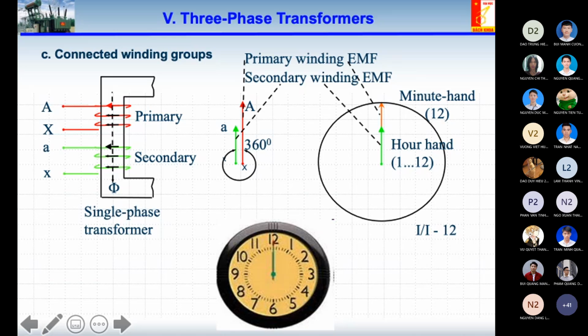If we consider the electromagnetic force of the primary winding AX as the minute hand of the clock, the watch, and the electromagnetic force of the secondary winding as the hour hand of the watch, you can see here is corresponding to the minute hand, and here is corresponding to the hour hand.